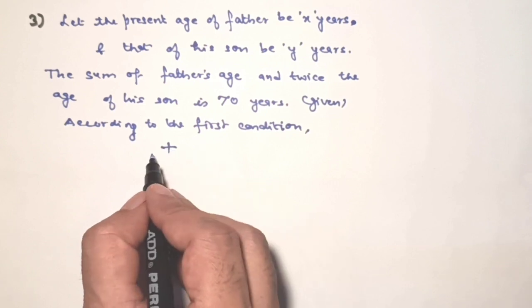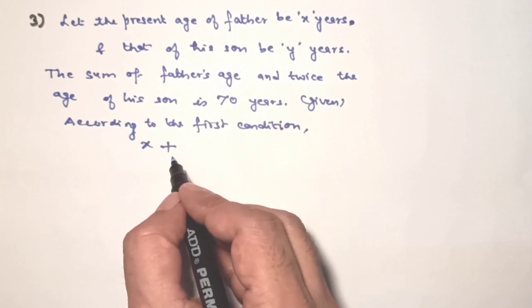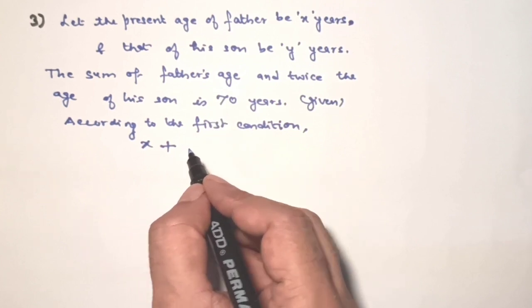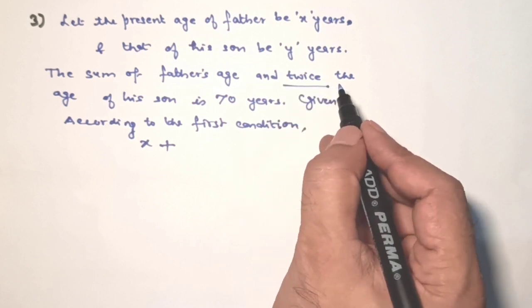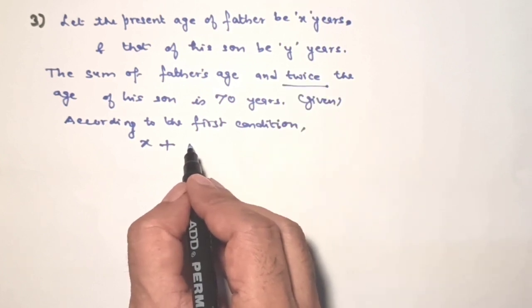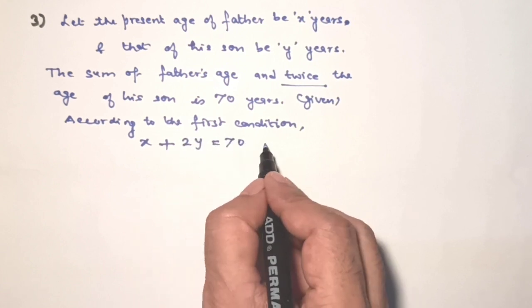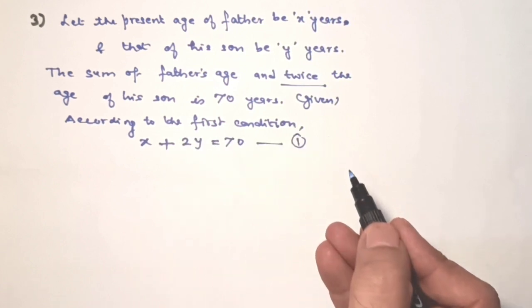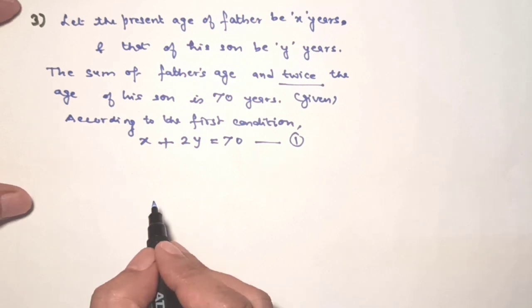Father's age is x, so you write here x. Son's age is y, but you have to make the twice. It is given twice, so twice means double, so 2y. It is equal to 70. This is first equation because of given first condition.